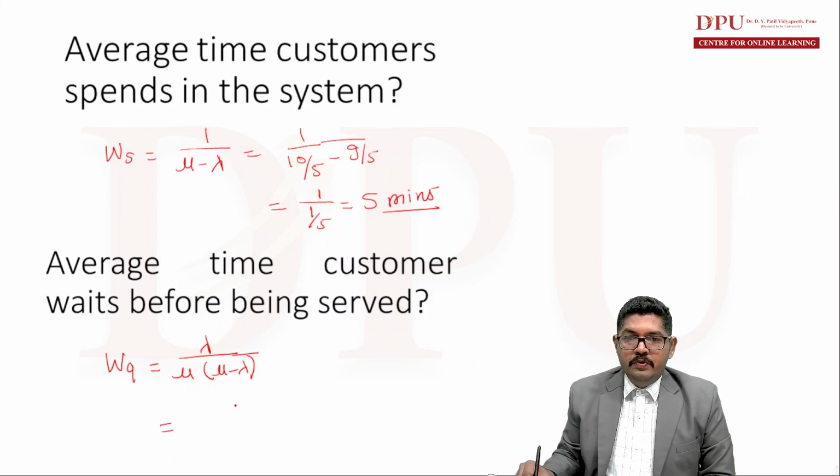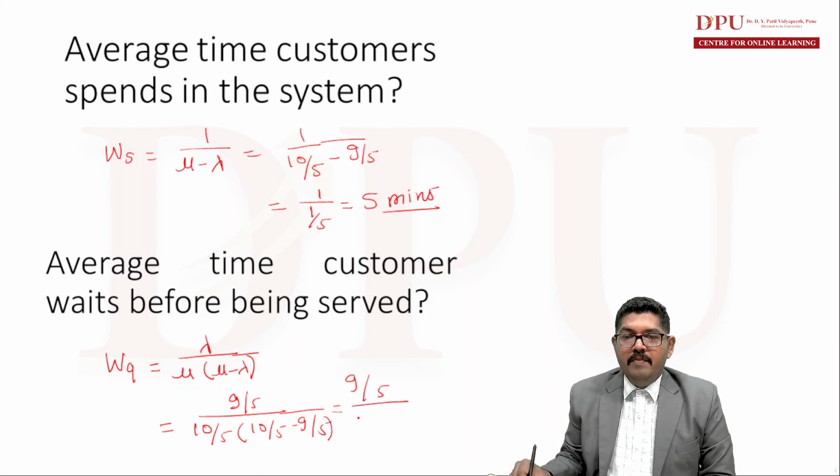Then this is equal to 9 divided by 5, whole divided by 10 divided by 5, times 10 divided by 5 minus 9 divided by 5. So let us solve this. 9 divided by 5, divided by 10 divided by 5, and this is 1 divided by 5. So one of the 5s will get cancelled here.